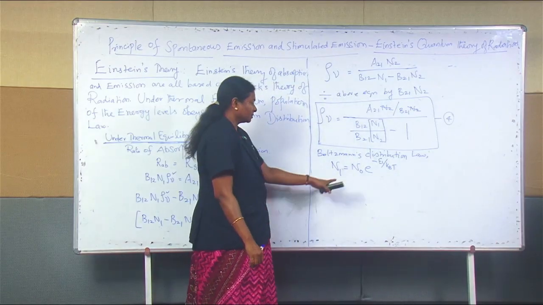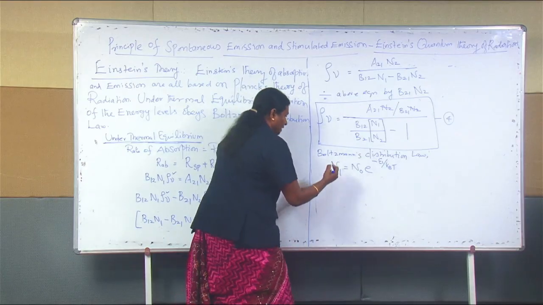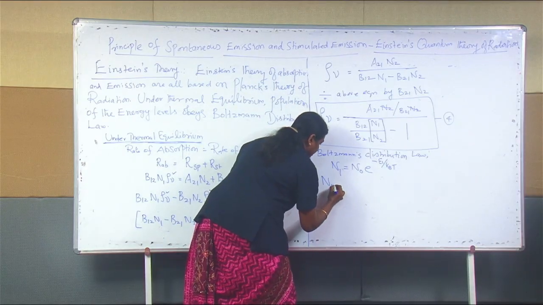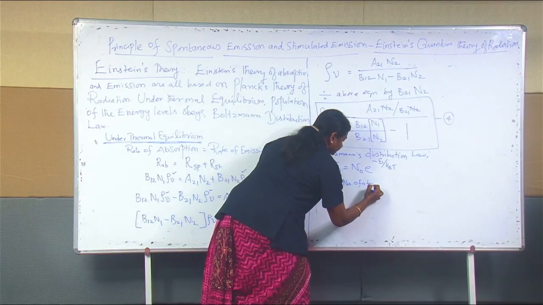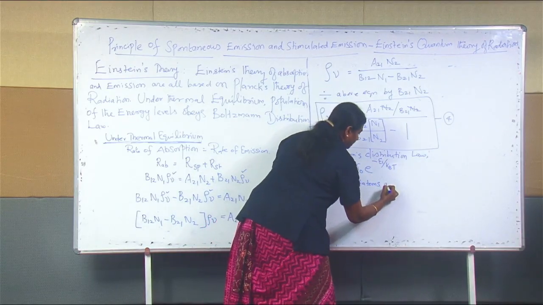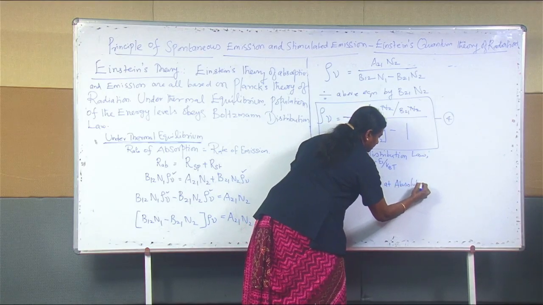I'll explain what N0, kB and T are. N0 is nothing but the number of atoms at absolute 0.